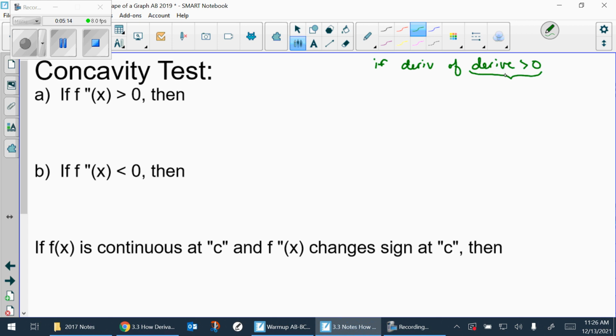Anytime the derivative is greater than 0, I'm going to say that the function is increasing. And I can replace derivative with the word slope. So the slope is increasing.